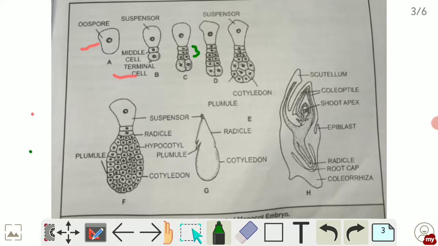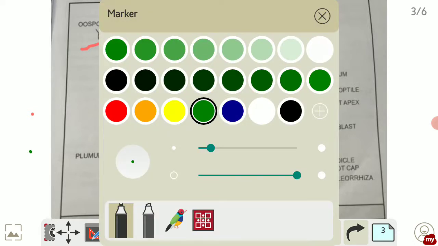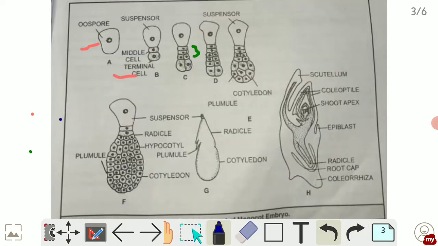That is called the quadrant, which has four cells. Then these quadrants are again divided and form eight cells, that is called the octant. So the octant is formed, but the cells are present in two tiers, and in each tier four cells are formed.